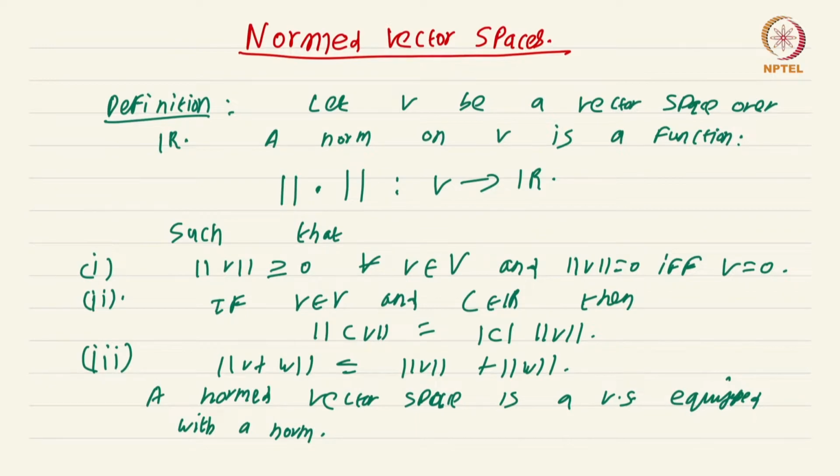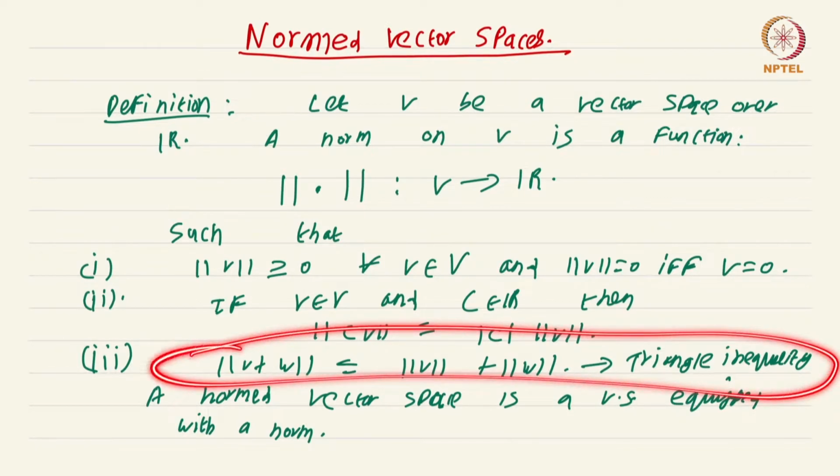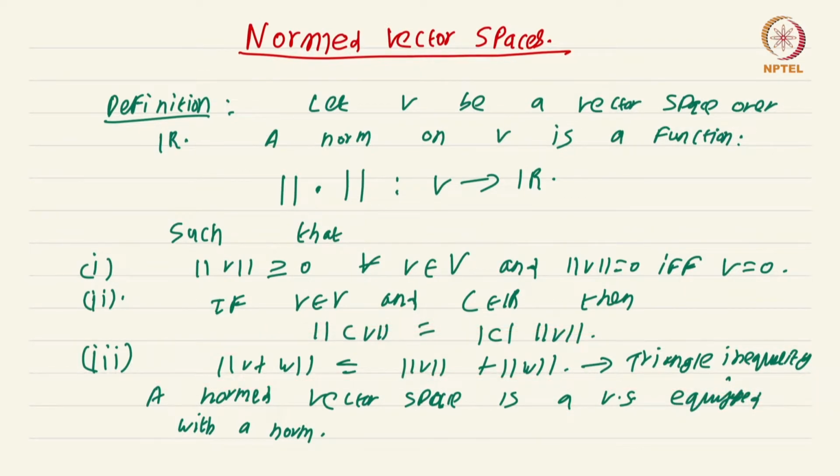Usually abbreviations are used. NVS or NLS or some such variant is used for the sake of brevity. So because of the importance of this last property, let me just name that. So this last one is the triangle inequality, which we spoke about, and it's going to be the one that we are going to repeatedly use in the future.